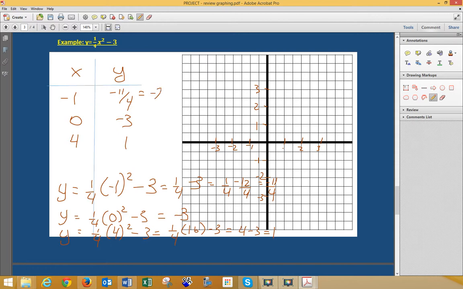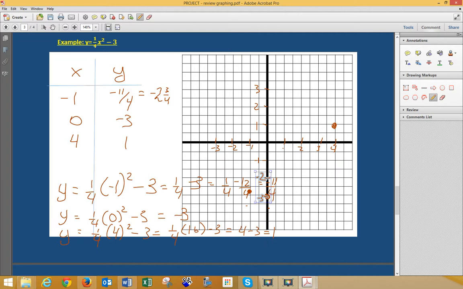So that's the same as -2 and 3/4. So -1, -2 and 3/4 is going to be somewhere right there. And then 0 and -3. It's going to be right there. And 4, 1. So x is 4, y is 1.